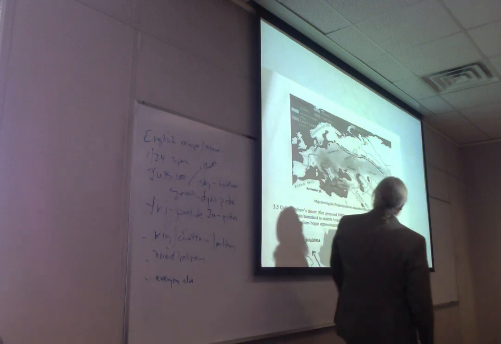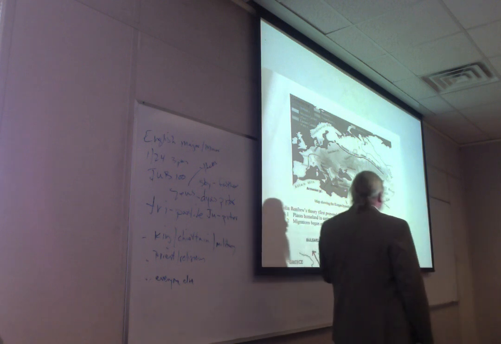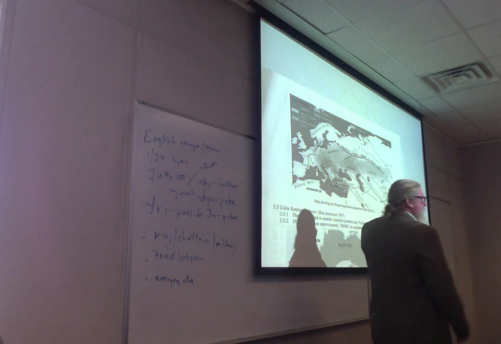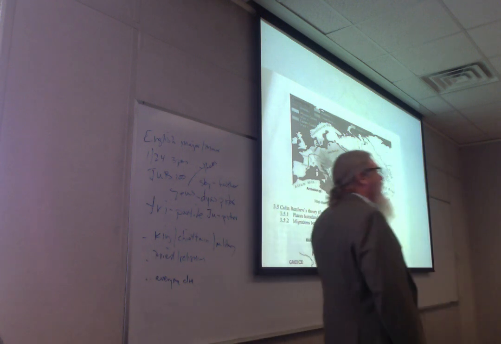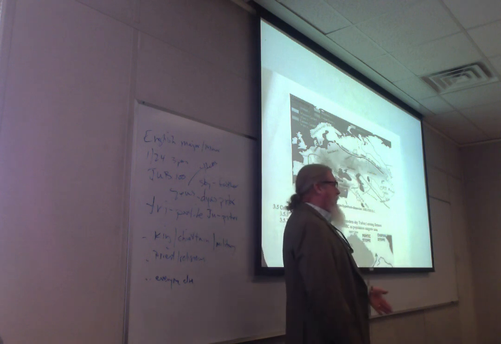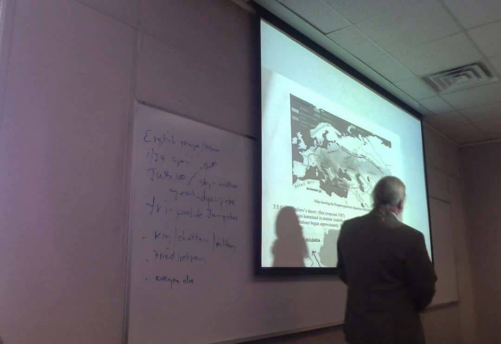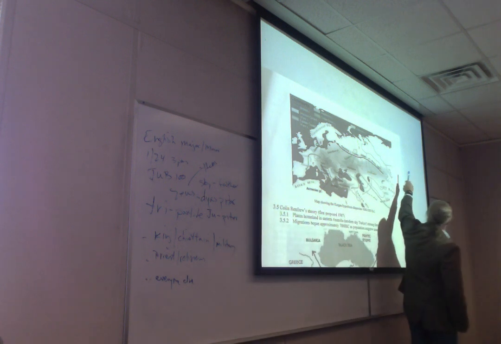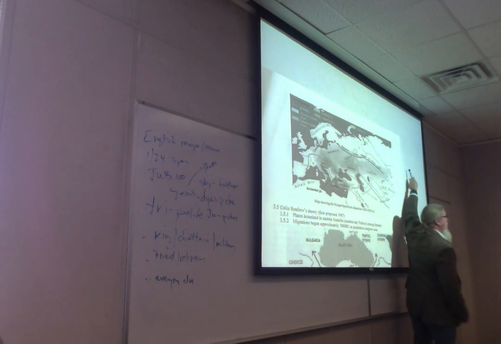Now I should mention, there is one Indo-European language group that we can't really explain very well. I'll talk about this maybe on Thursday. It's called Tocharian. Two forms of it, Tocharian A and B. The language was discovered in the Gobi Desert, which would be way up here, middle of Mongolia.